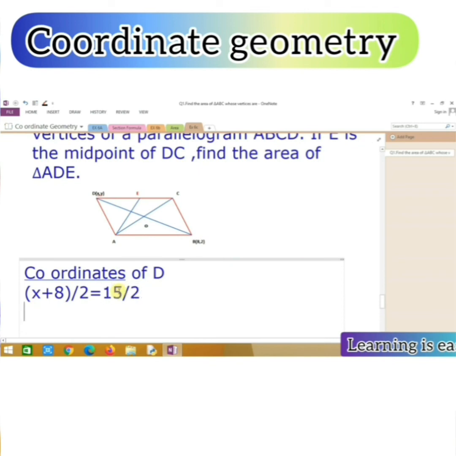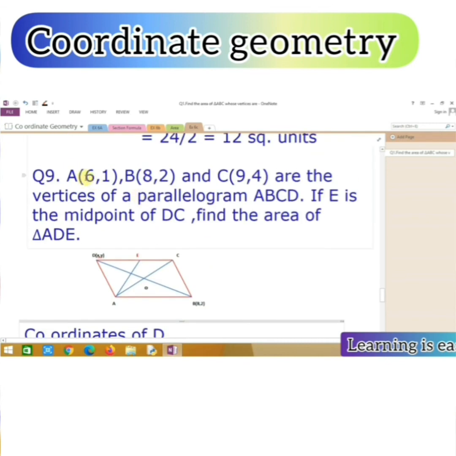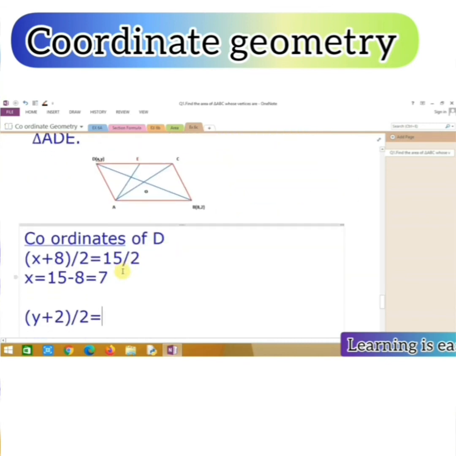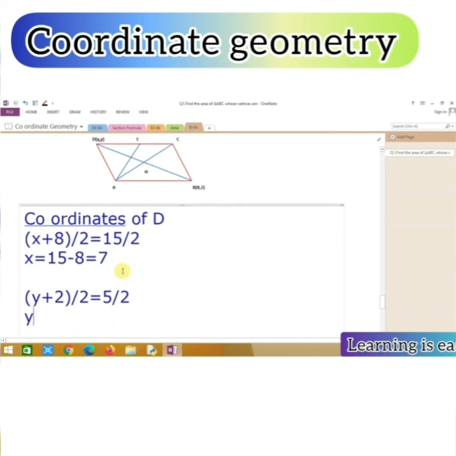So 2 and 2 go off, x equal to 15 minus 8, that is 7. In a similar way, equating the midpoints of the diagonals, (y plus 2)/2 equal to (1 plus 4)/2, 5 by 2. 2 and 2 go off, so y equal to 5 minus 2, that's 3. So we got the coordinates of D, that is 7, 3.